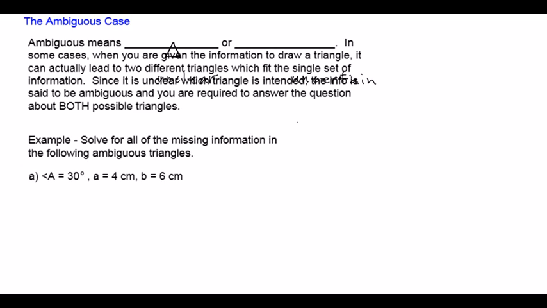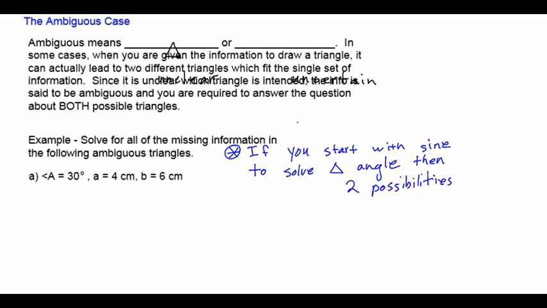In some cases, the triangle is acute, and in some cases, the triangle is obtuse. The key idea is this: if you start with sine, write this down, then there's a possibility of two triangles. It comes directly from this chart.